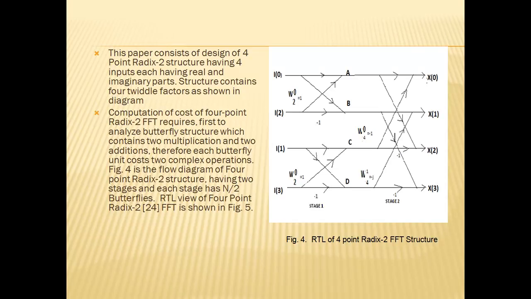Therefore each butterfly unit costs 2 complex operations, and this is the basic flow diagram of our FFT structure, having 2 stages, and each stage has 2 butterflies. The RTL view of the 4-point FFT is shown in the next slide. Here you can see that we are getting the 4 butterflies, and each butterfly has a complex addition and subtraction.